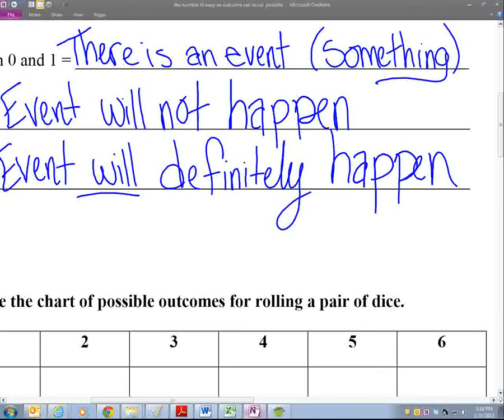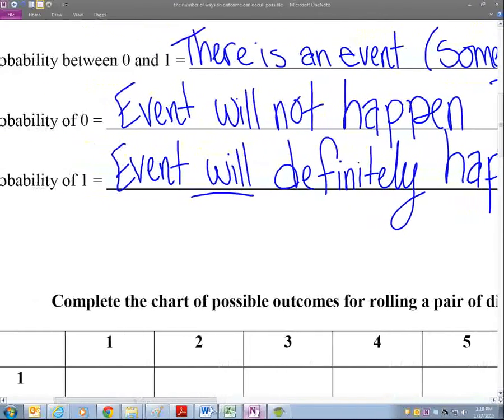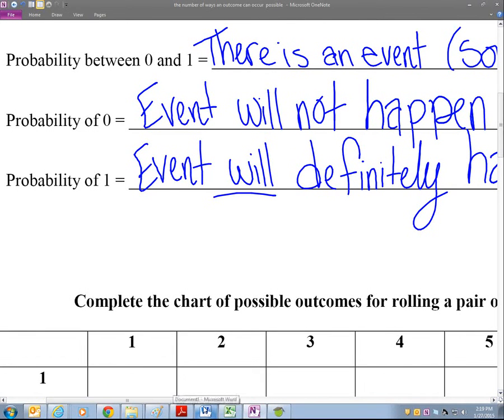What's the difference between the probability of 1 and the probability between 0 and 1? Okay. Here's an event. When you're leaving school today, you find all of your family there, and they say, "We got you a limo.